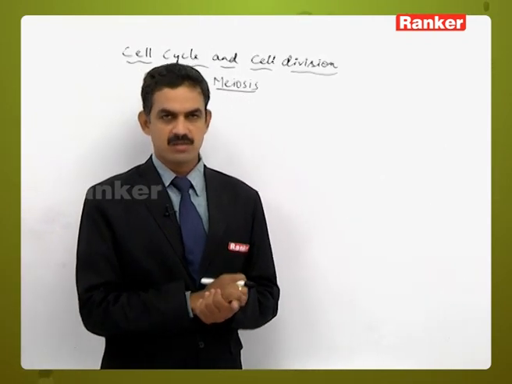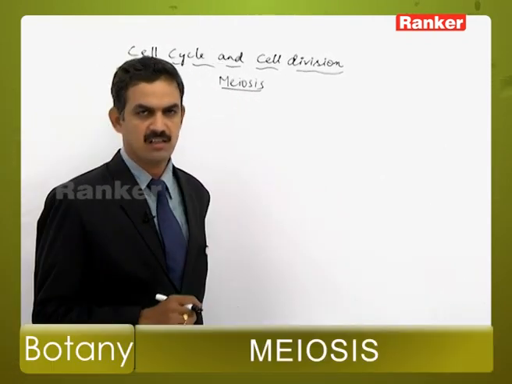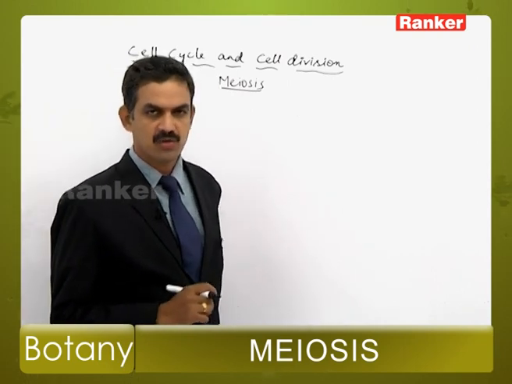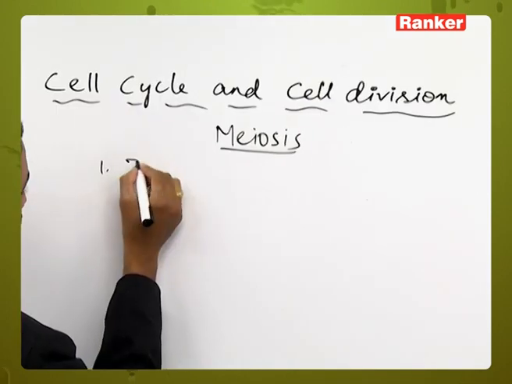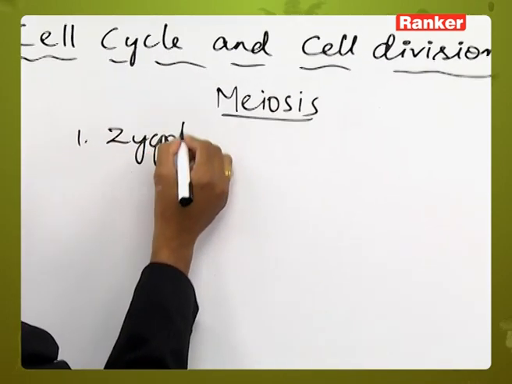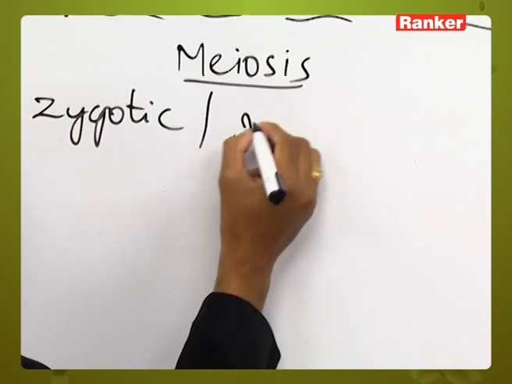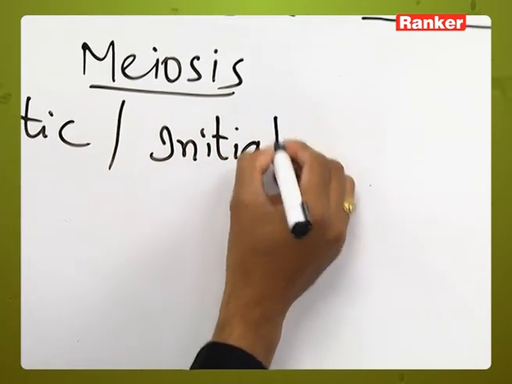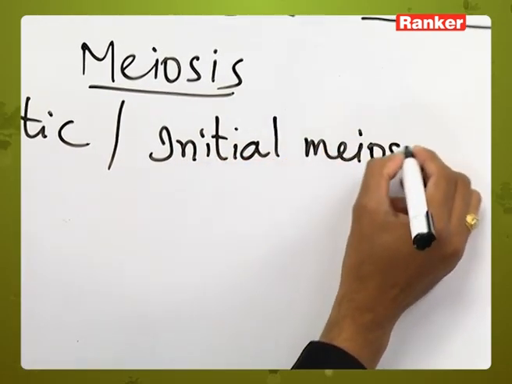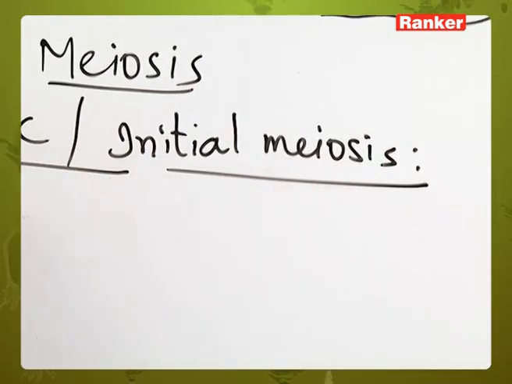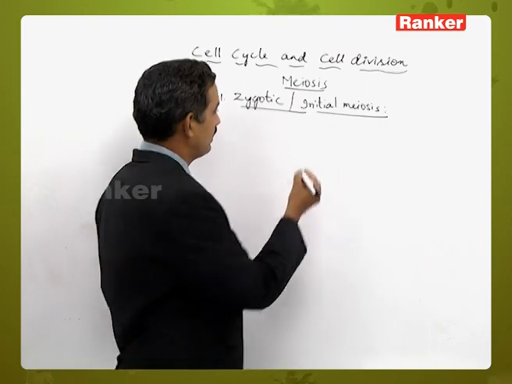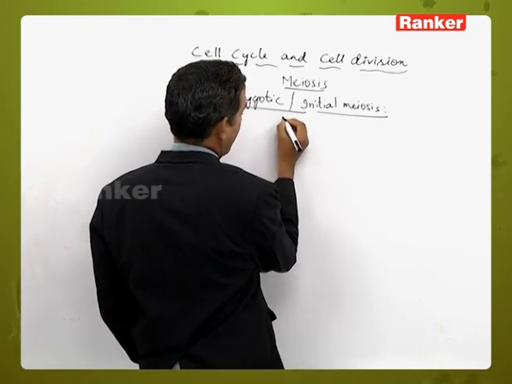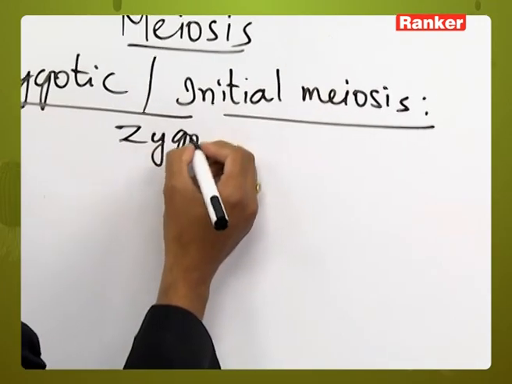At which stage the meiosis is taking place, based on that nature, meiosis is divided into three types. The first one is zygotic meiosis, or initial meiosis. This is the meiosis which occurs in the zygote, where the zygote will undergo meiosis.